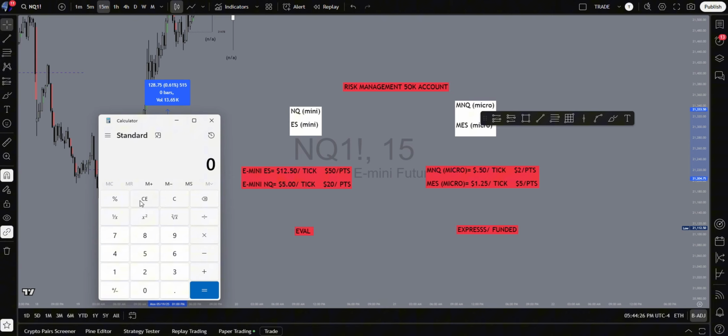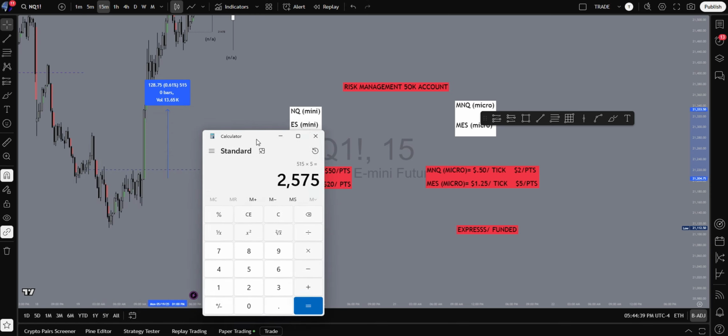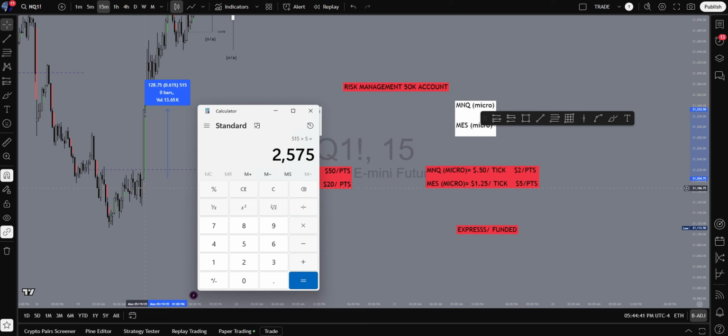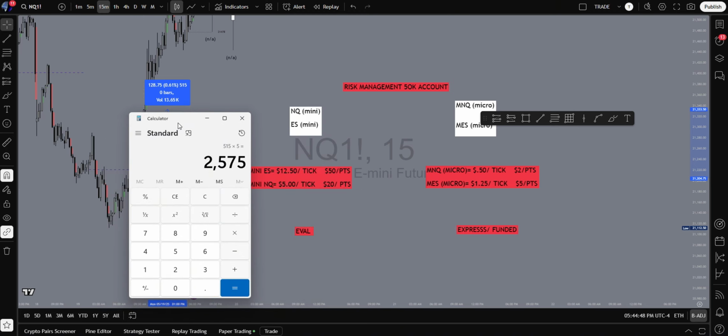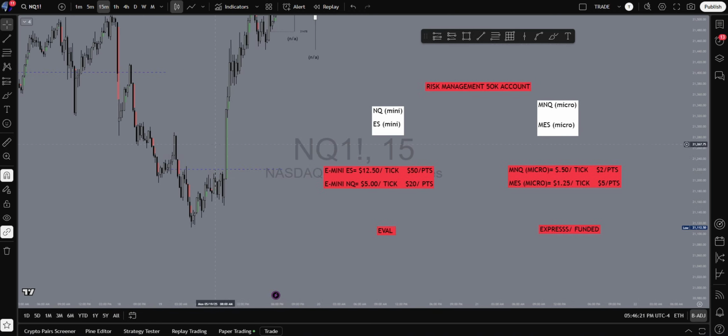So this entire candle, if you were long inside it, you would have made $2,575. And this is a 15-minute candle, 15 minutes to make $2,575. If you can understand that, it makes things a little bit easier.